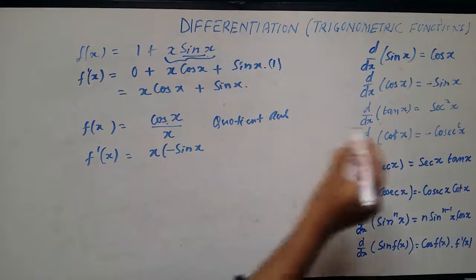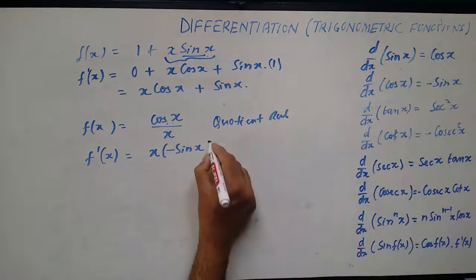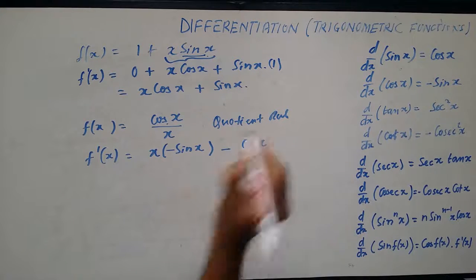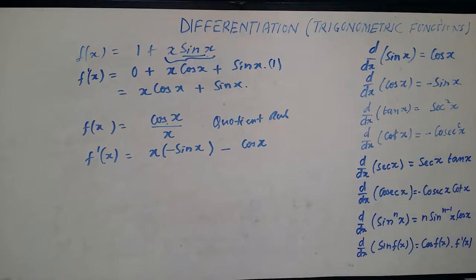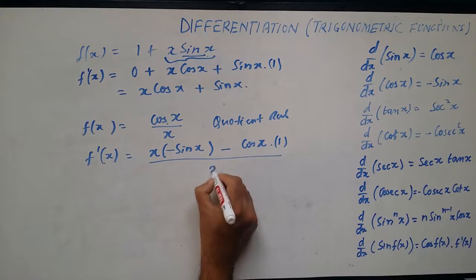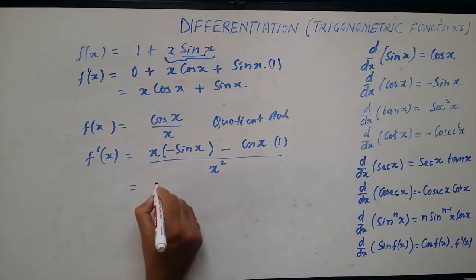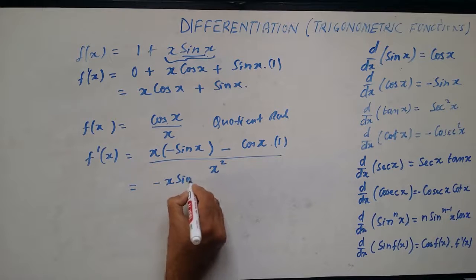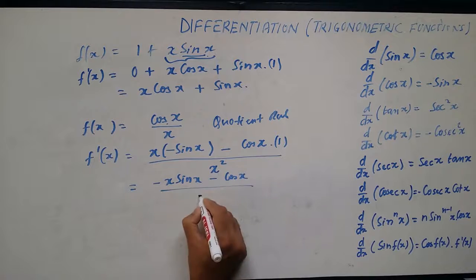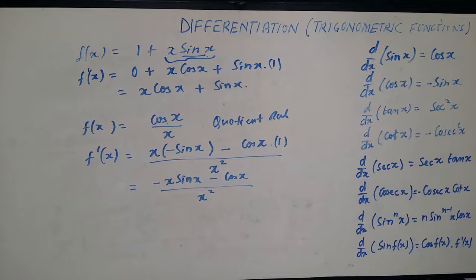So differential of cos x is minus sin x, minus the numerator into the differential of the denominator. The differential of x is 1, upon the denominator squared. So this becomes minus x sin x minus cos x upon x squared.